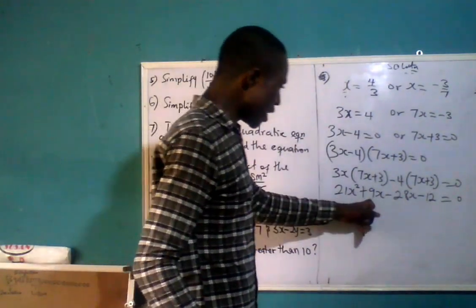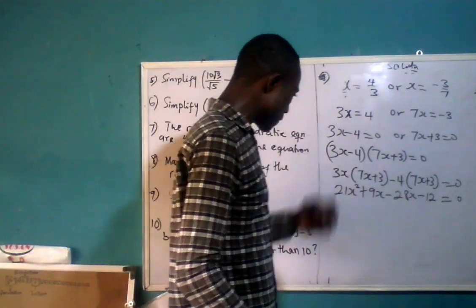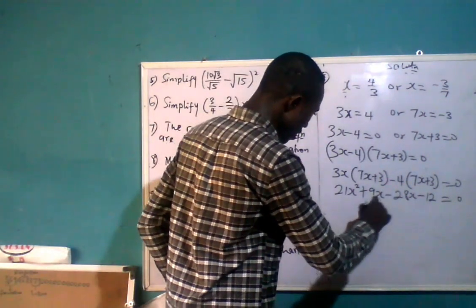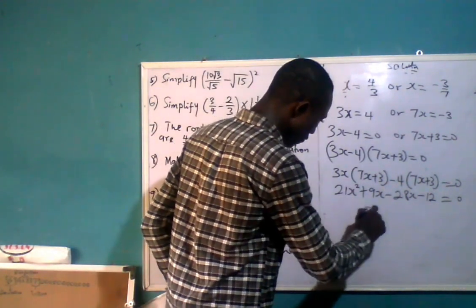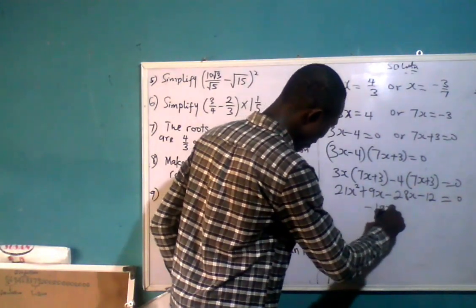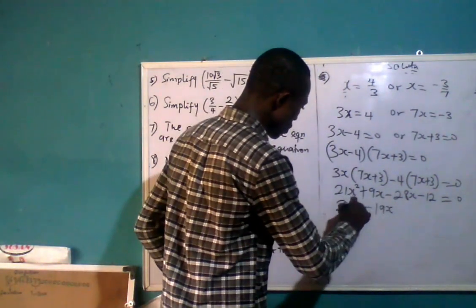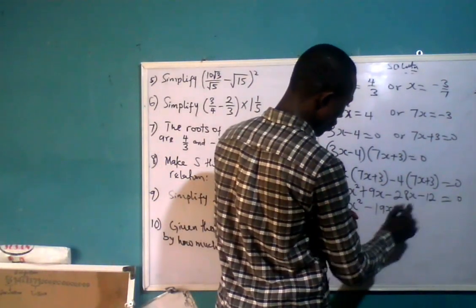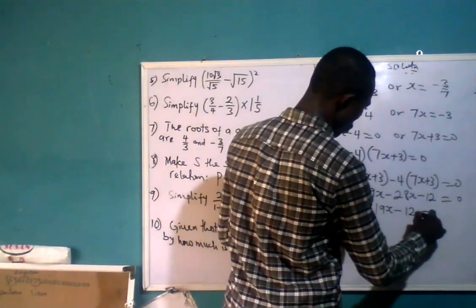Now you have 9x minus 28x. Straight away, that will give you negative 19x. So the 21x squared you have there, just put it. Then you have minus 12 equal to 0.